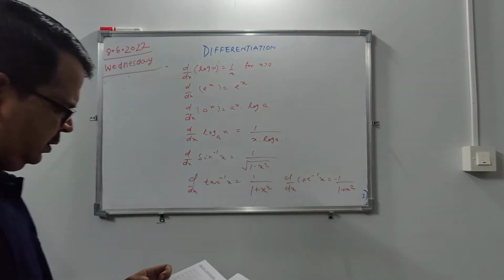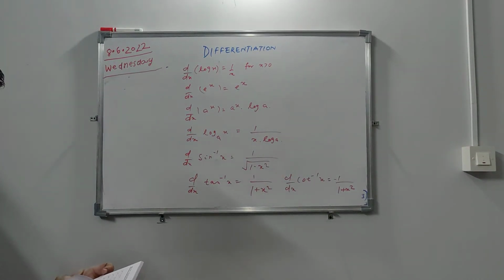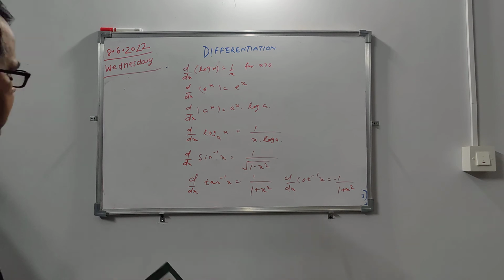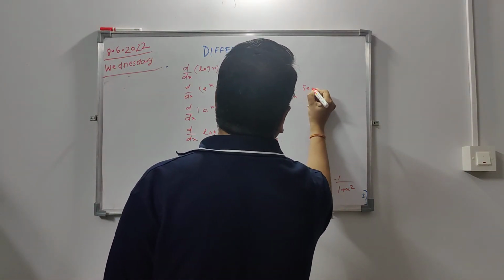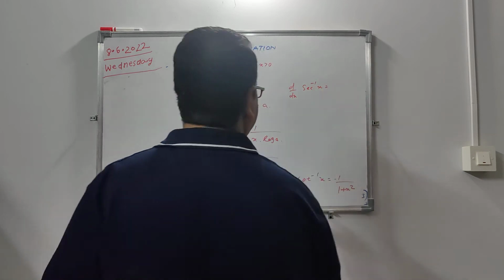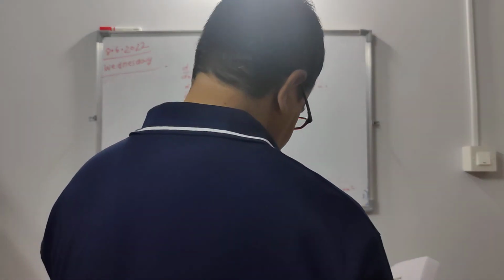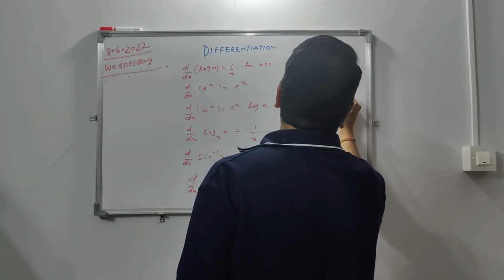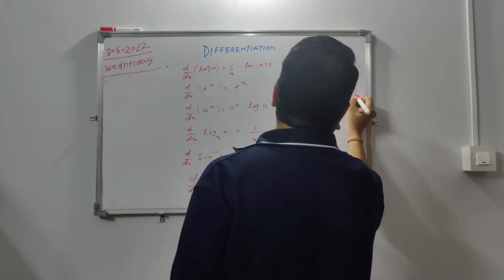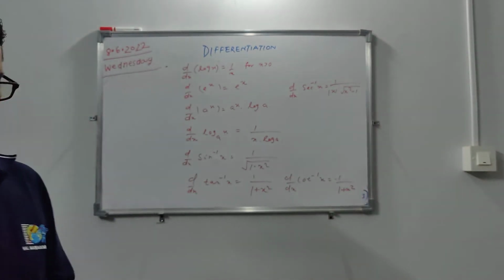This is tan and cot. Similarly, sec inverse is an important one. d by dx of sec inverse x is equal to 1 by x into root of x square minus 1. This is the formula.